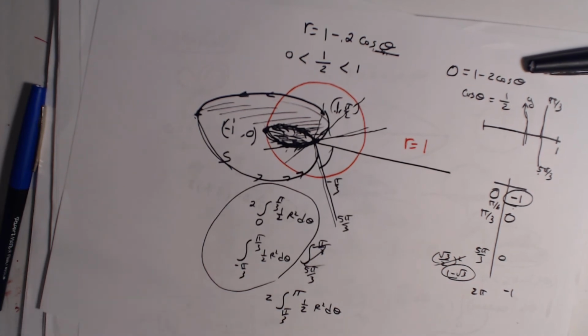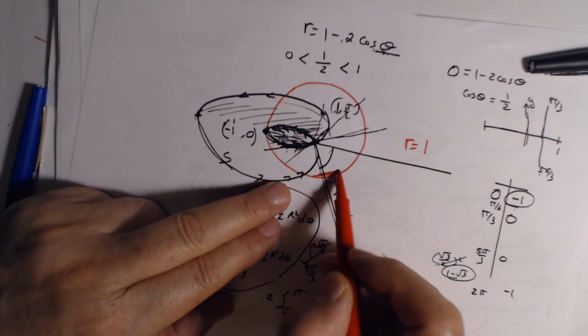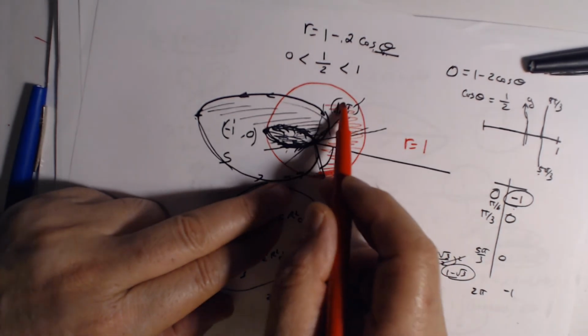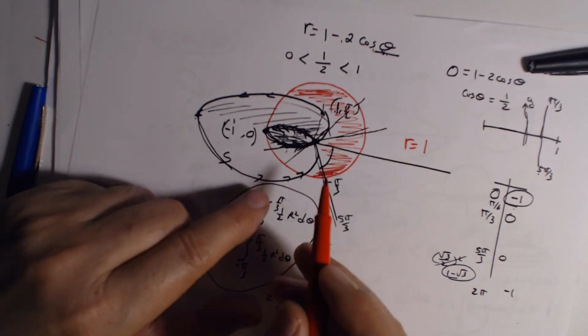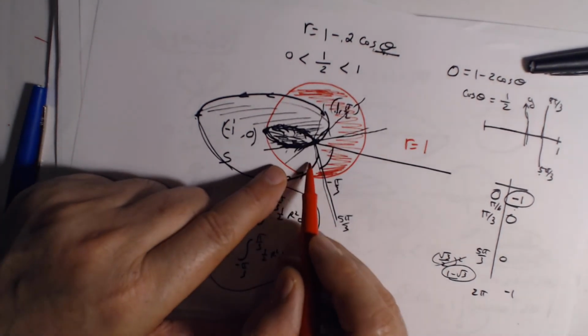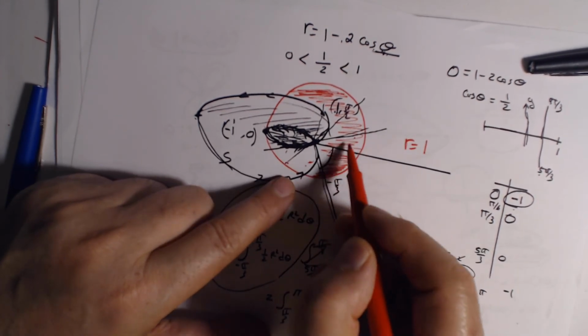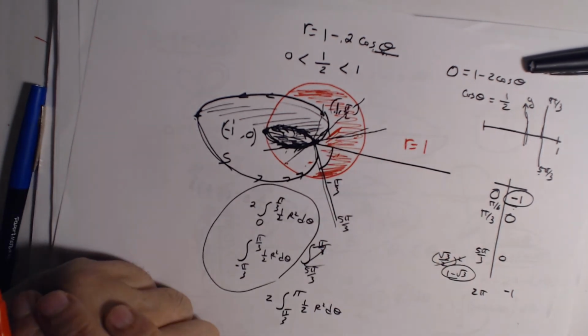Between the polar graphs. Between is here. This is between this and between these. Yes, that part is good. That's the between.